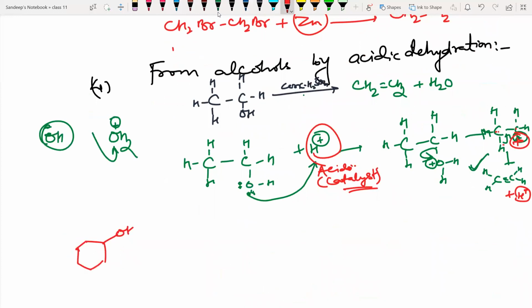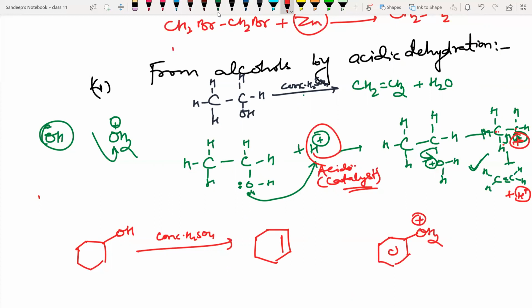Suppose you are given this alcohol and asked to treat it with conc. H2SO4. Then you will get this type of compound. Why? This will react to form OH2 plus, which will lose one water molecule to form a carbocation.